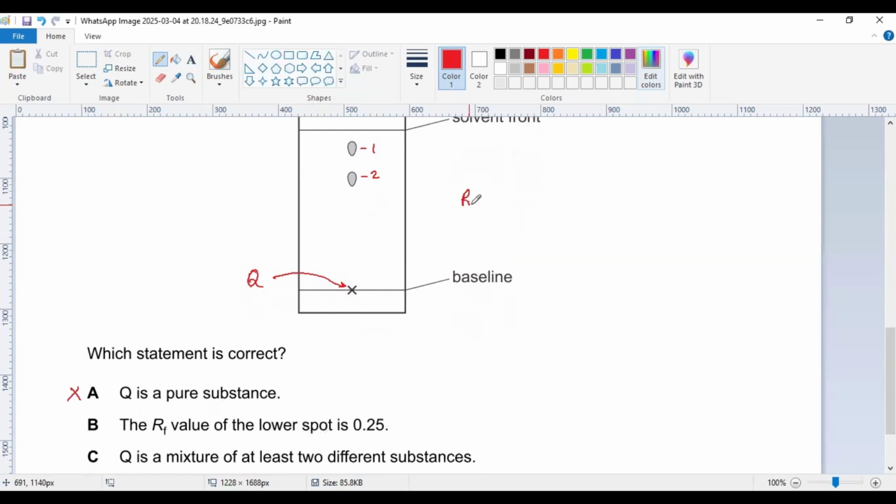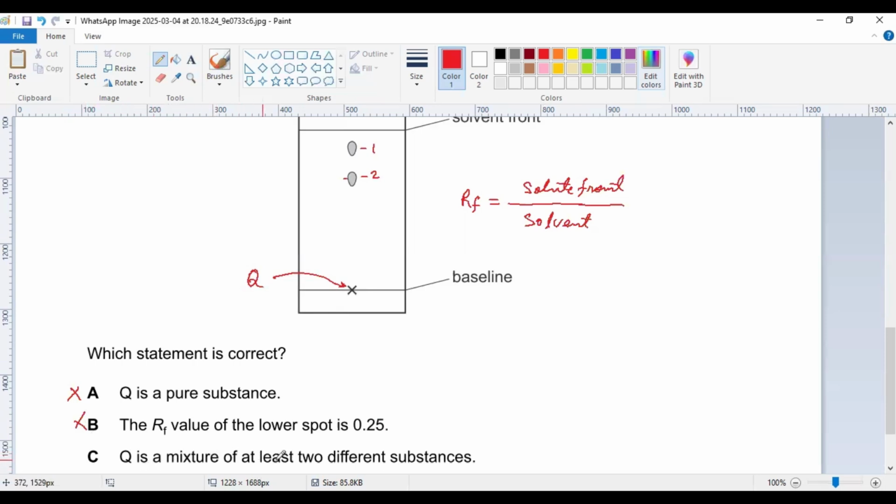Rf value is the solute front, meaning the distance traveled by the solute, and they are asking about the lower spot, so this one, divided by the solvent front. So if you see this, then it cannot be 0.25. It is above half. It could be 0.7 or 0.75. So this answer is also wrong.